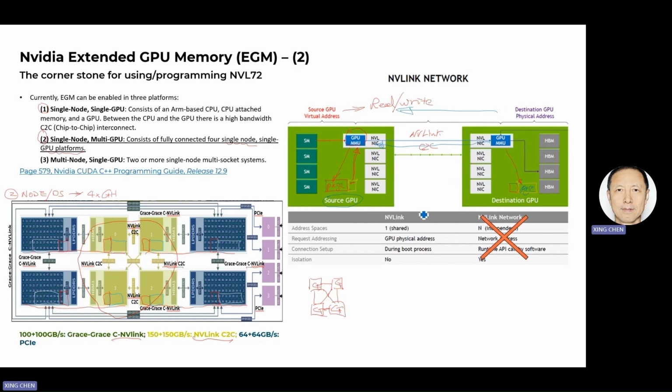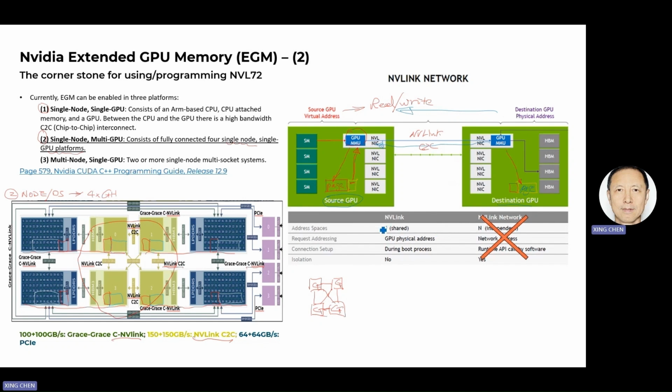The reason I want to discuss this here is because things are going to get more complicated with the NVL72. Here, the point is that for this type 2 system, we have only a single node. Single node means the source GPU and the destination GPU belong to the same node.